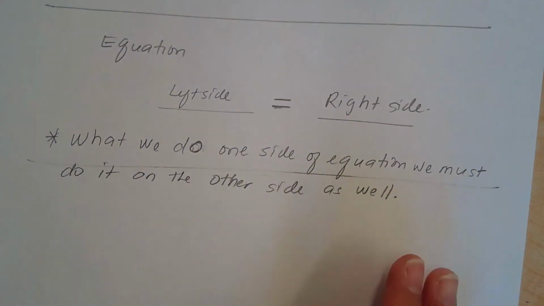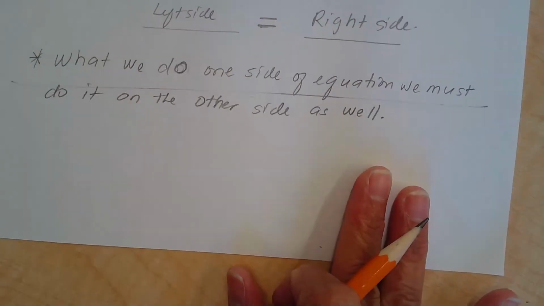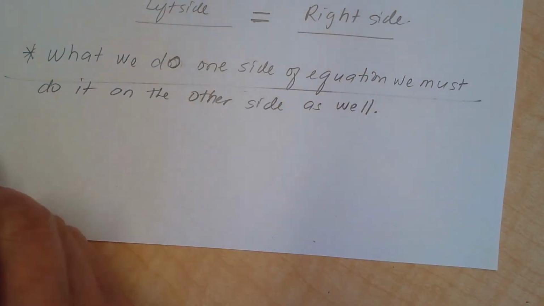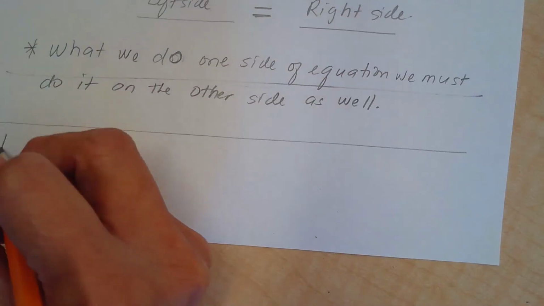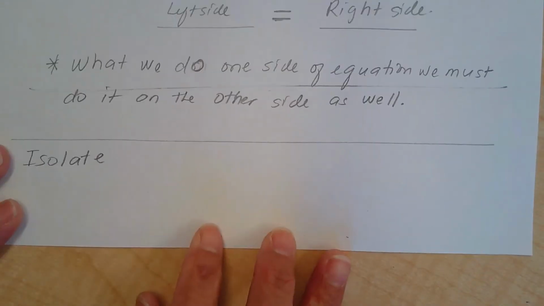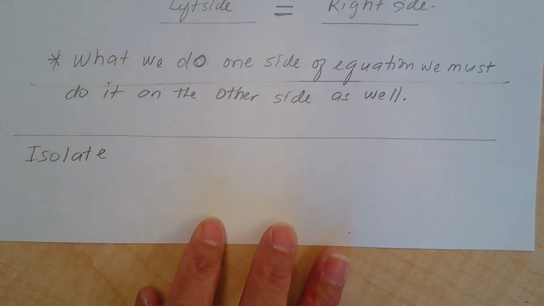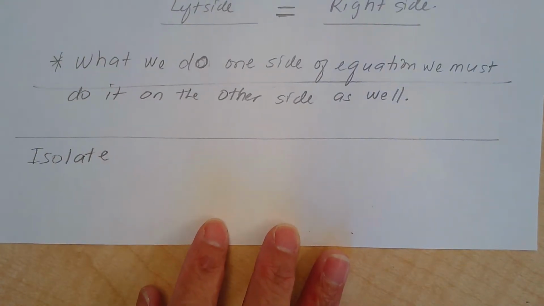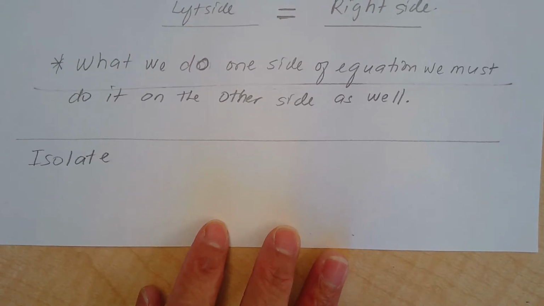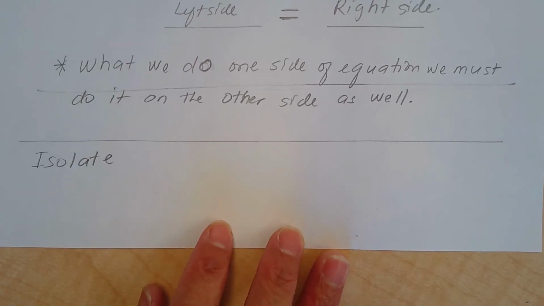Now, one student here said isolate. What does isolate mean? For example, this is x plus 2 equals 9.